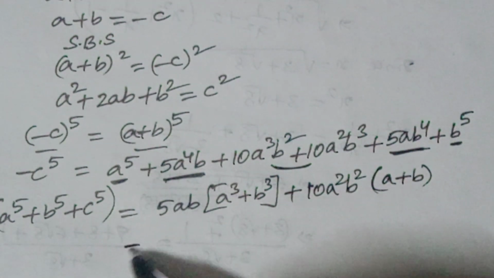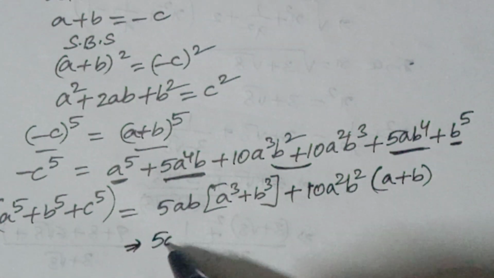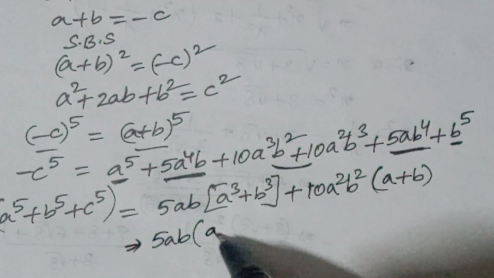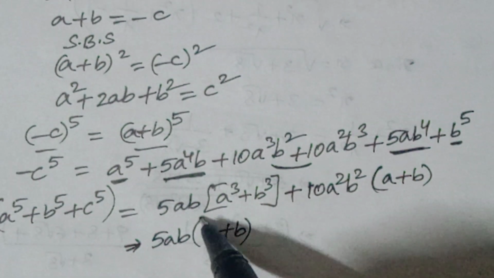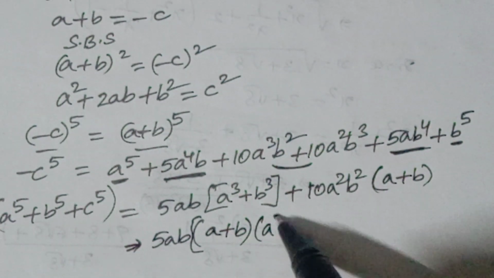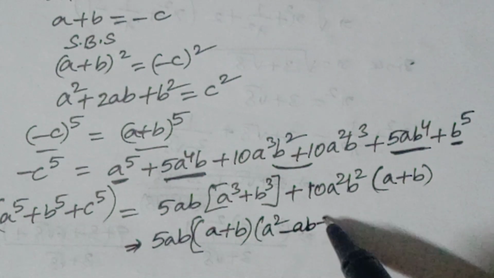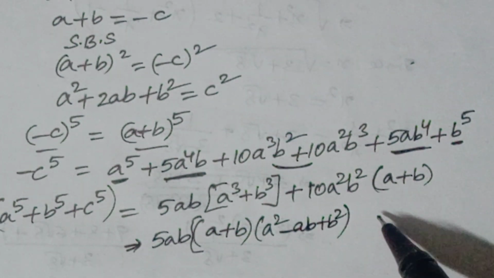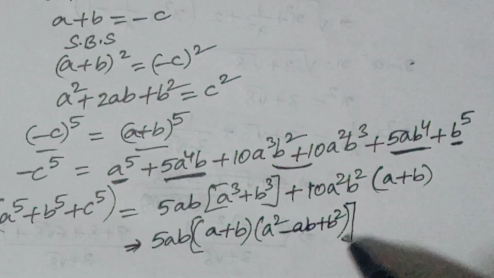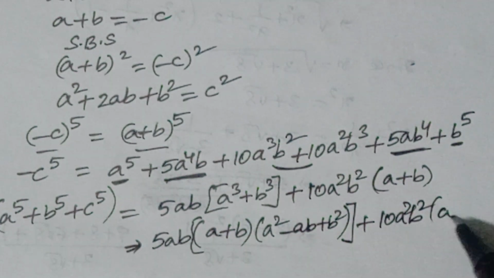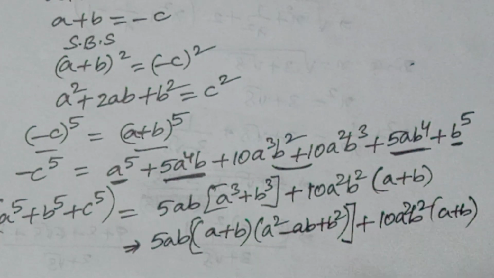Now 5ab into a cube plus b cube. By the formula, a plus b into a square minus ab plus b square, plus 10a square b square into a plus b.